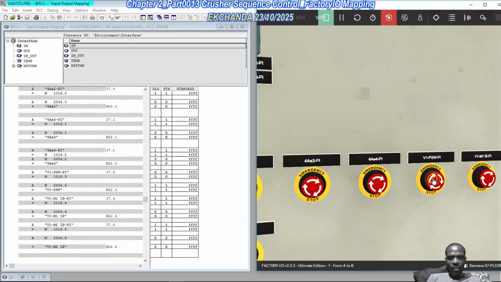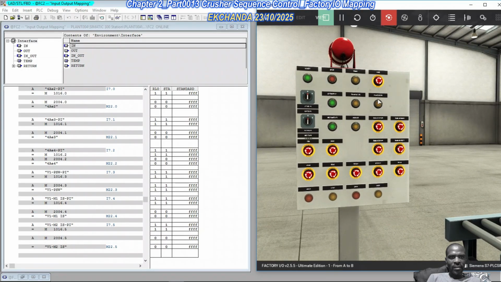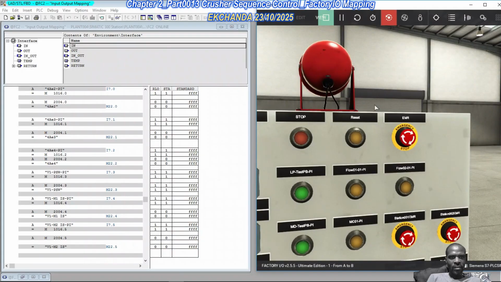Even if we normalize this, the default state is maintained, so we need to do a system reset to normalize the bit condition.